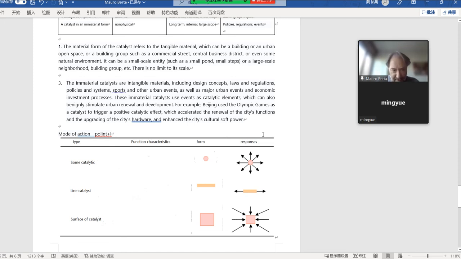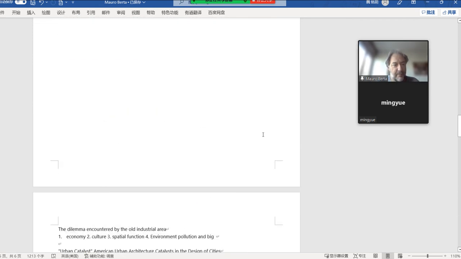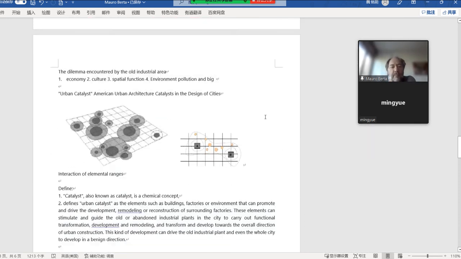And in these drawings, you are trying to explain something that you understood from other works, I suppose, from the literature. Yes, because I read these books from America, and they put forward some theories, and I try to use this way to organize.